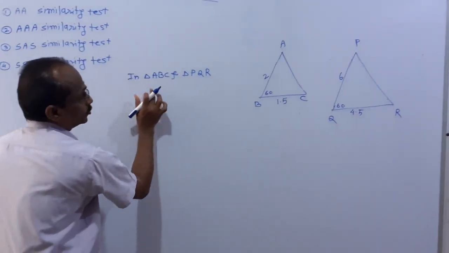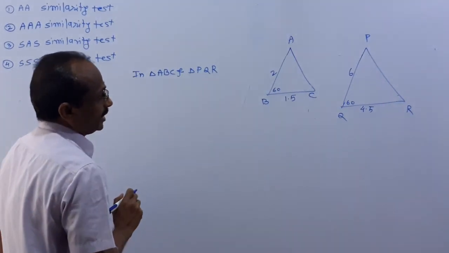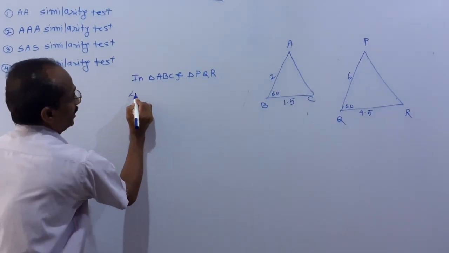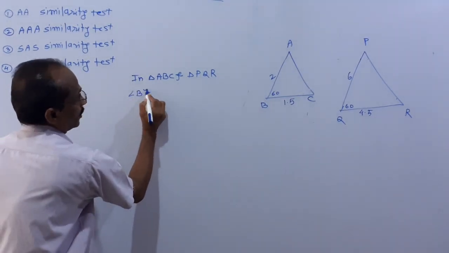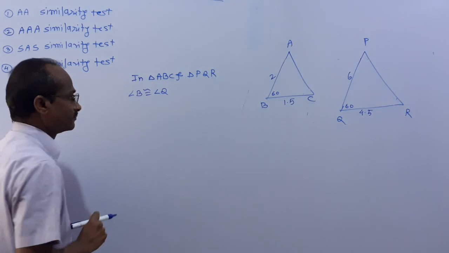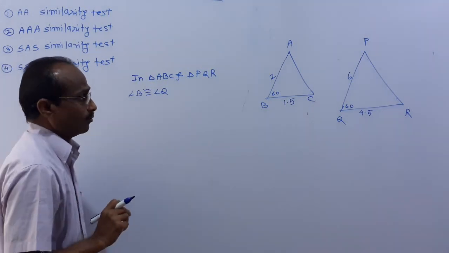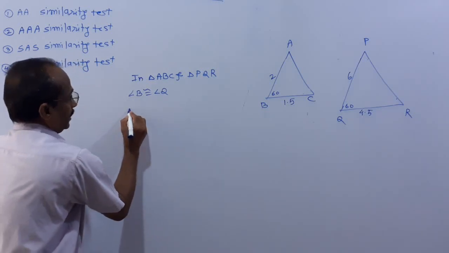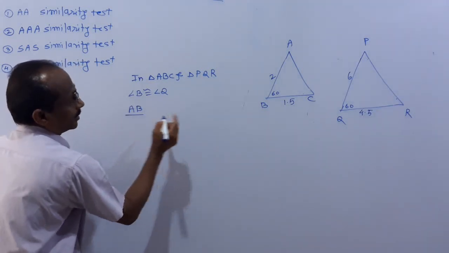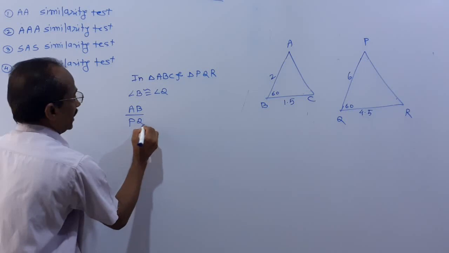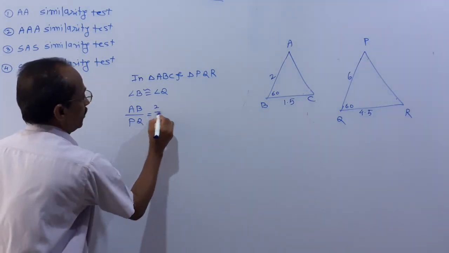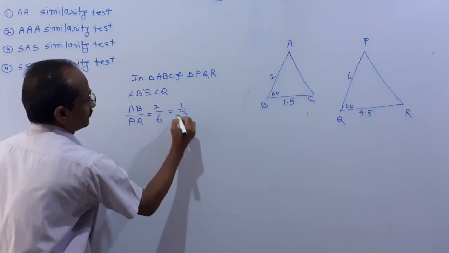So for these two triangles, which elements do we have now? Angle B is congruent to angle Q. This information is given about the angle of the triangle. Now what about the sides? Side AB corresponds to side PQ and the value of this ratio is 2/6, which leads to 1/3.